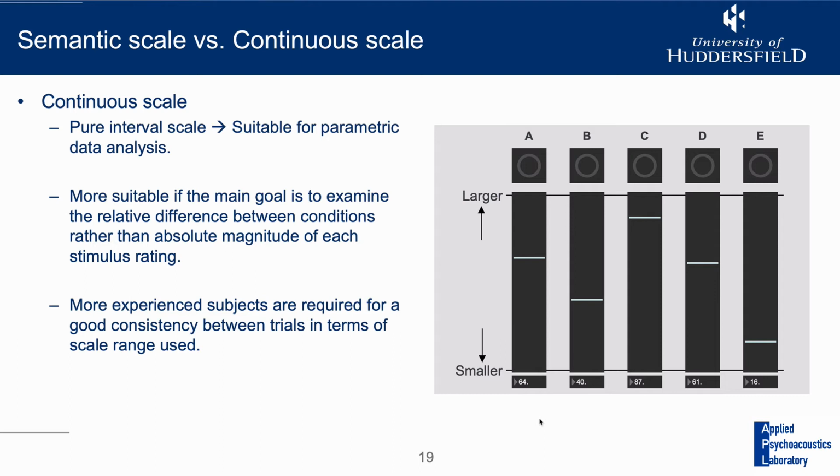But more experienced listeners are required for a good consistency between trials. And also, you might not be able to compare conditions from different trials of different experiments because there is no label, and it's quite difficult to keep the exact consistency between trials and between different experiments.